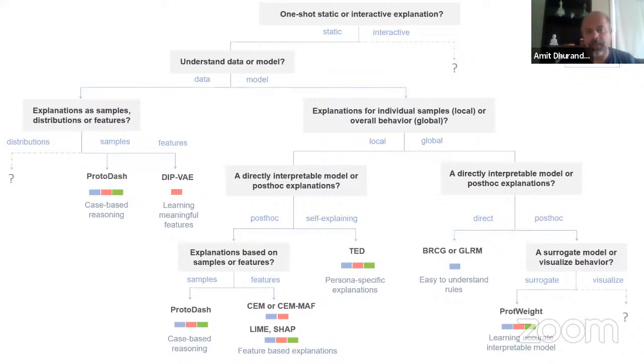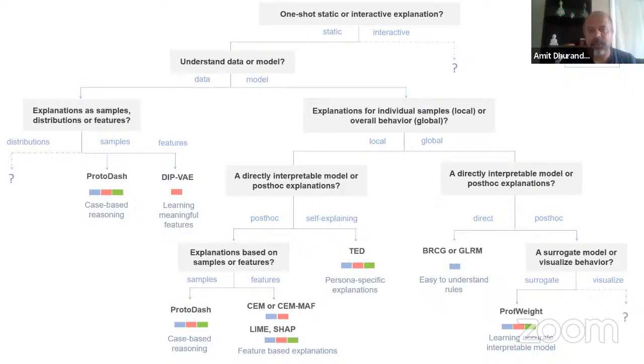Or it could be learning high level features, which happens a lot with computer vision. Pixels are not really interpretable, so you want to do some disentanglement and come up with higher level features, like the pose of a face, properties that are more understandable in terms of human language.